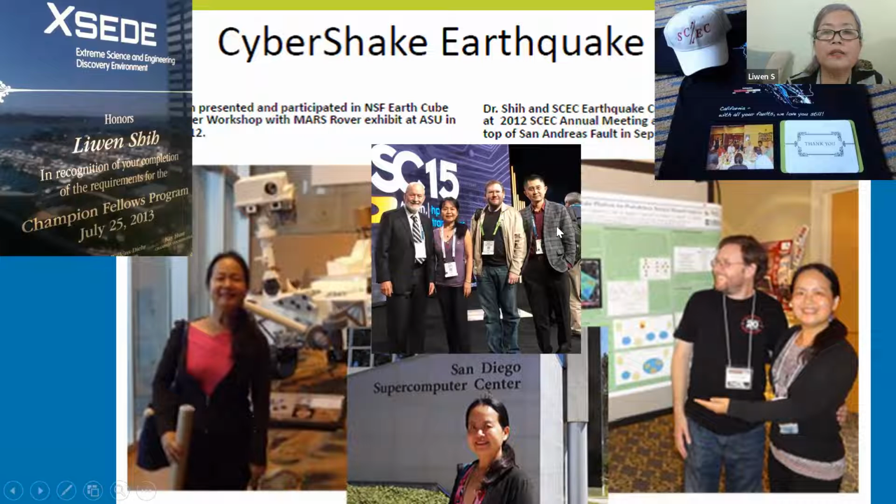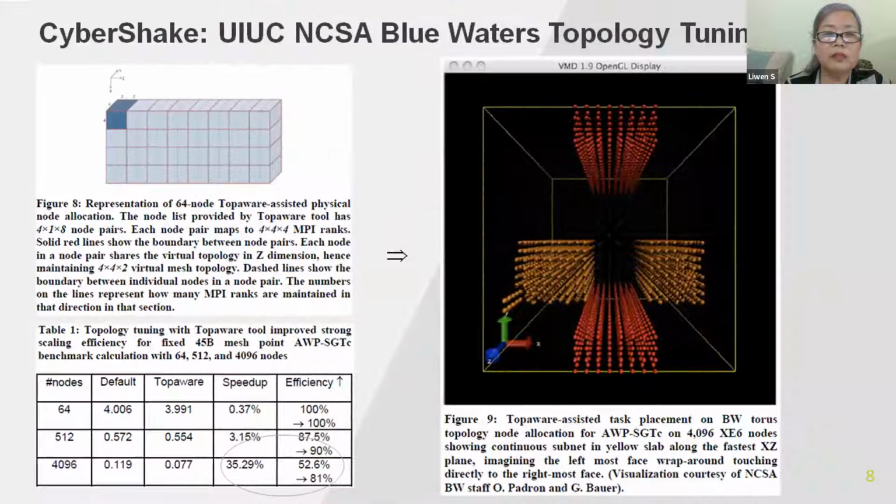And then this is the supercomputing conference. And this is the director of the Southern California Earthquake Center. This is the person that ran all the code. And this one is the world champion on the programming for the largest computation in seismic.